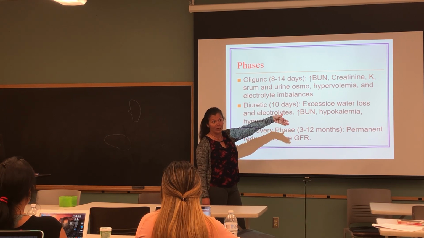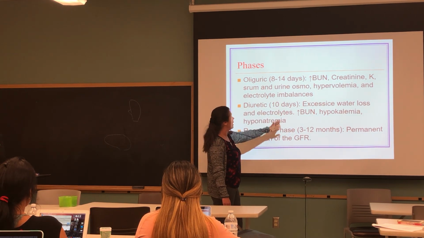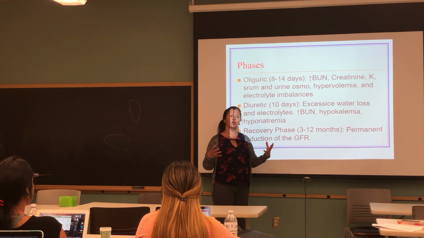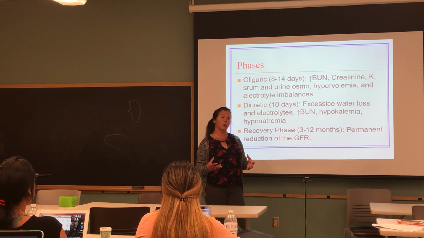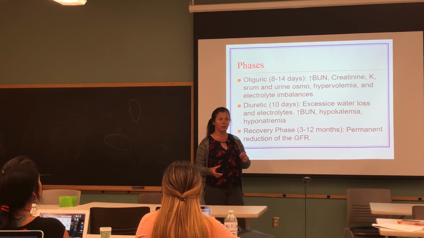Patients will have hyperkalemia because remember the kidney is in charge of that. The amount of urine is very small, so it's very scarce. So basically they have oliguria. They have a concentrated urine. So the urine osmolarity is increased, right? Specific gravity is increased.